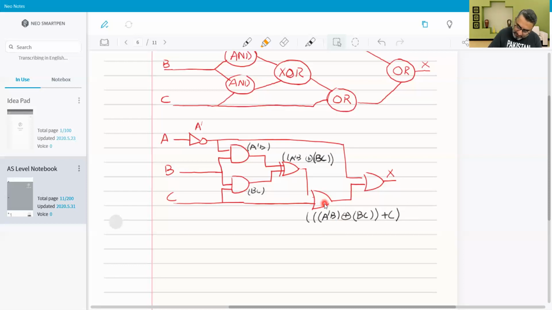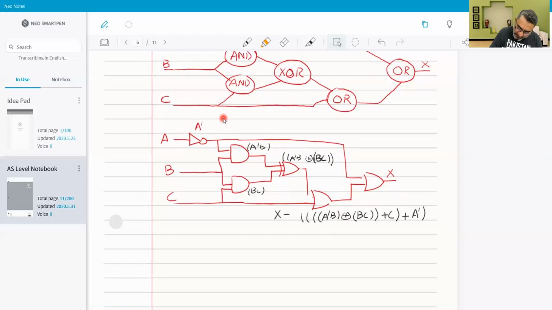And then finally plus this last OR gate, and it is being ORed with A naught. So A naught. And the whole equation is assigned to X.